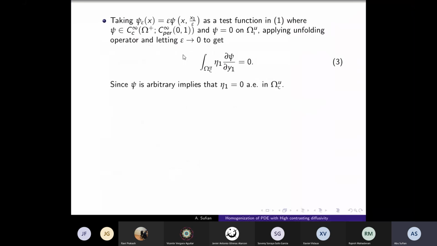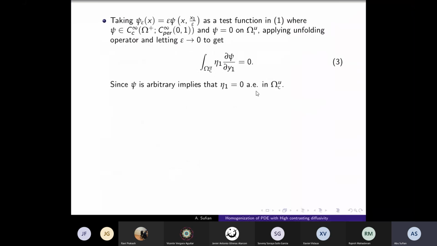Use this test function at the epsilon level, apply the unfolding operator, and use whatever convergence we have till now. If you pass to the limit epsilon tends to 0, we'll end up with this equality 3. So this is true for all psi. That basically tells you eta 1 is equal to 0 on omega cu, that is, the conductive part.